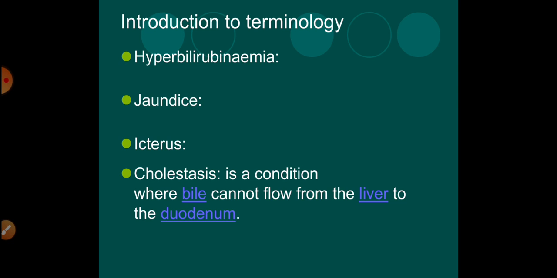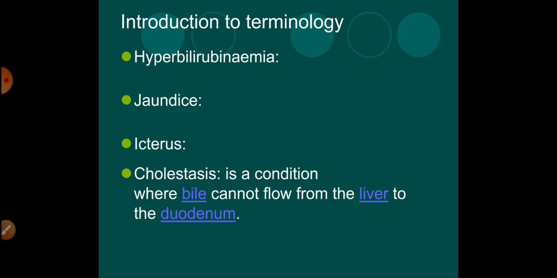Icterus is a very specific term. It is used to describe the yellowish discoloration of the sclera. Bilirubin has a high affinity for elastic tissue, and sclera is rich in elastic tissue. So the earliest changes of hyperbilirubinemia can be seen in the sclera.